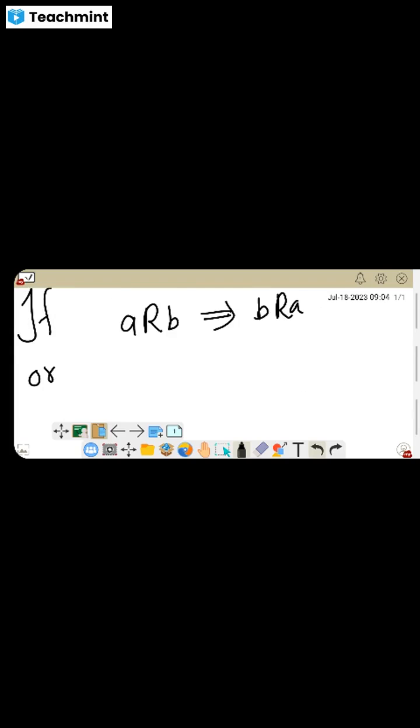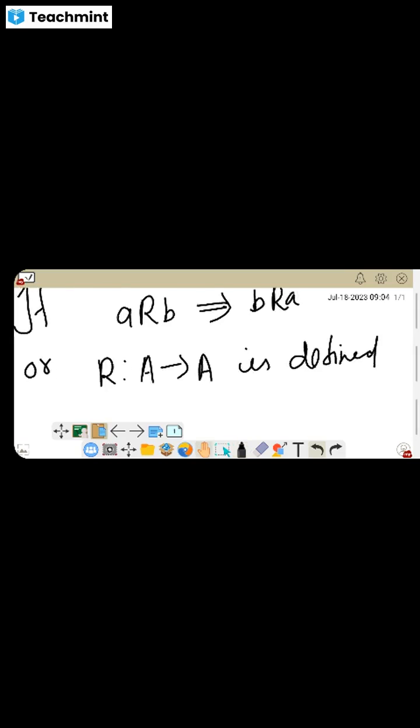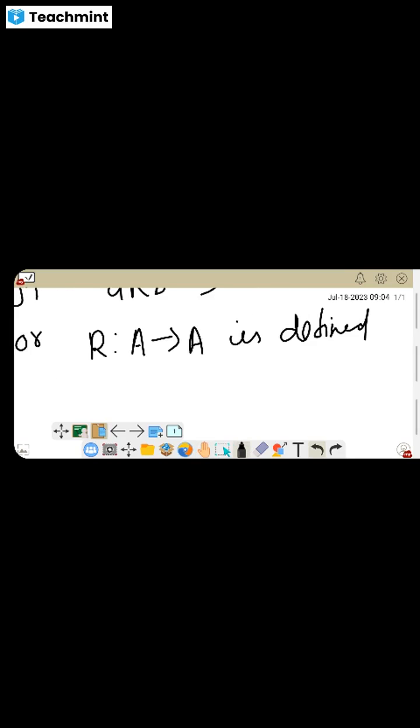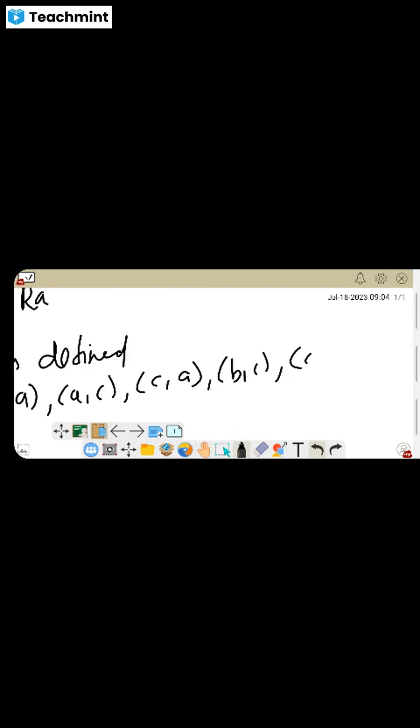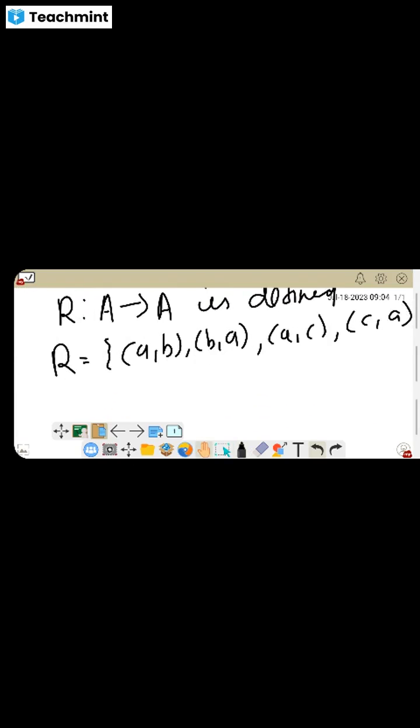Or a relation R from A to A is defined as R is equal to A comma B, B comma A, A comma C, C comma A, or B comma C, C comma B. Then we can say that this relation is symmetric.